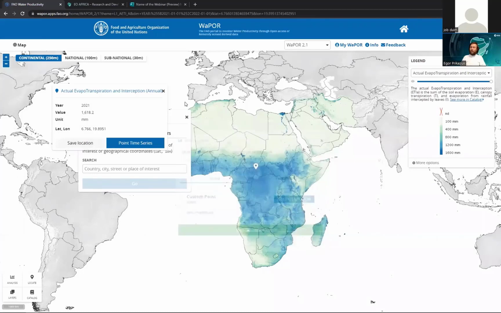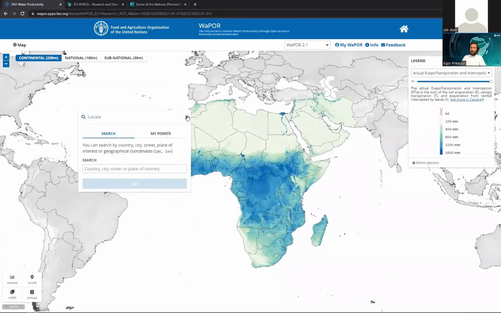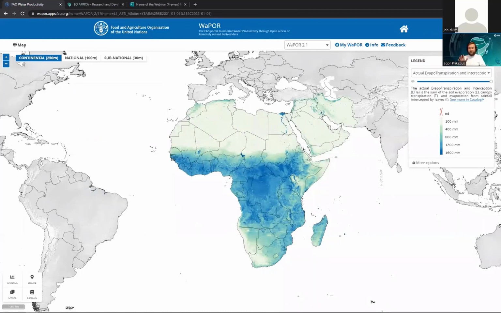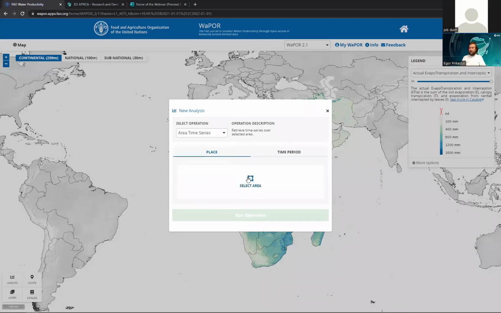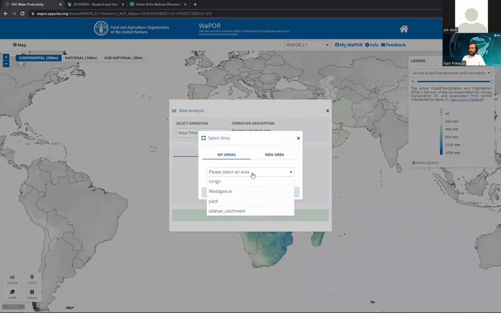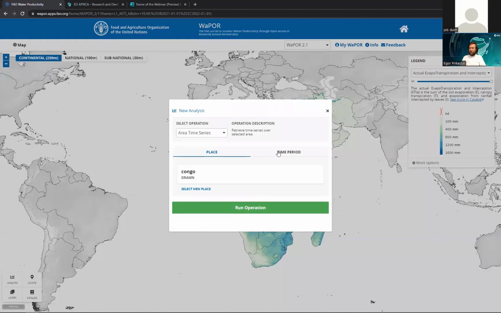What is even more interesting to do, I think, because point measurements might depend on the location that you choose, but the area measurements, here you can also make area time series. And I would just select one of the areas I saved, like Congo, and run it.